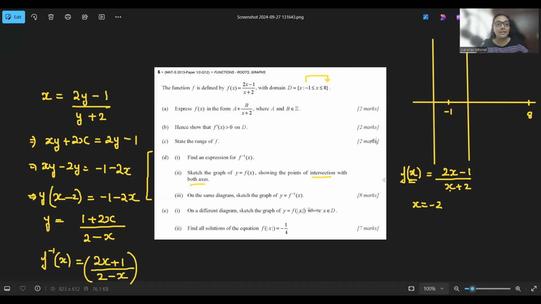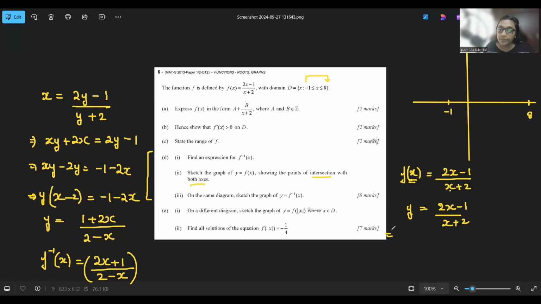Let's see if there is any horizontal asymptote as well. How to find a horizontal asymptote? I'll show you an easy way to figure it out for any function. Horizontal means the y value. It has to be a horizontal line, only one y value, and any x value can be there. So y is equal to 2x minus 1 by x plus 2.